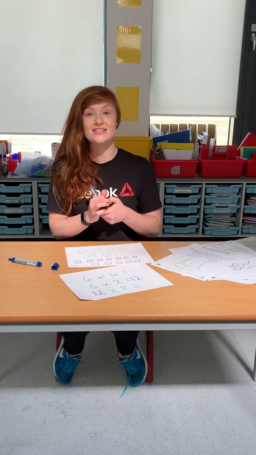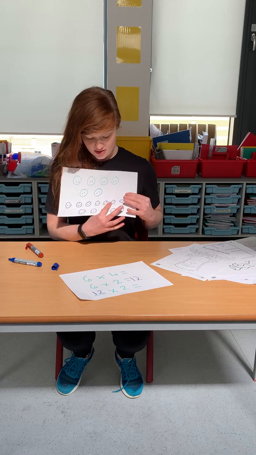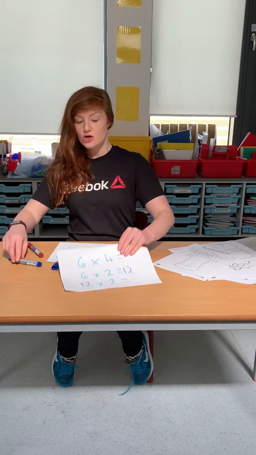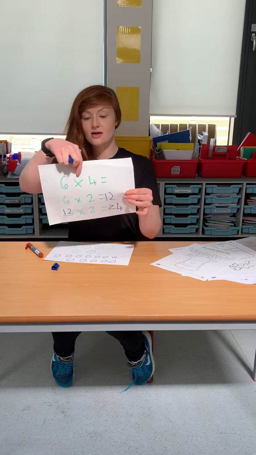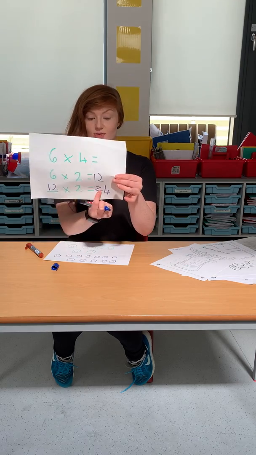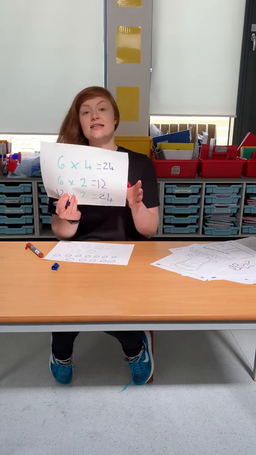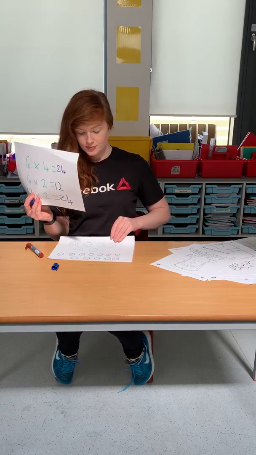And again, most of us know how to count in 2, so it's quite nice and easy. I can go 2, 4, 6, 8, 10, 12, 14, 16, 18, 20, 22, 24. So I now know that 6 times 4 is 24, and I can write that out. So that's an easier way for my year 3 children to multiply by 4.